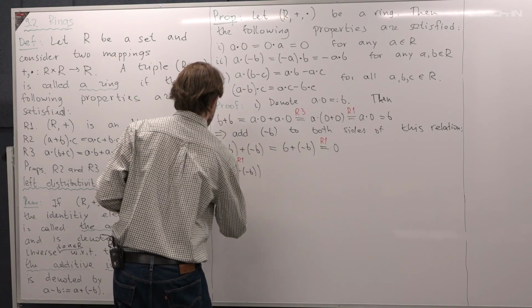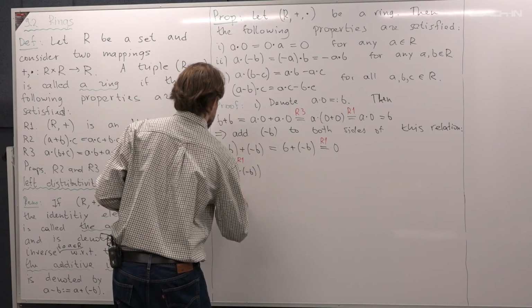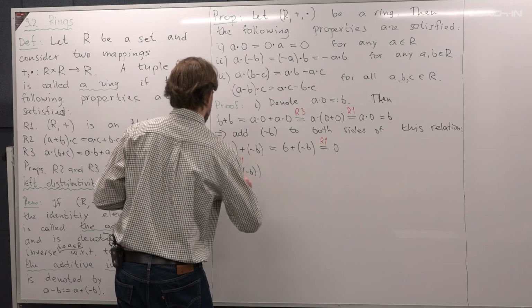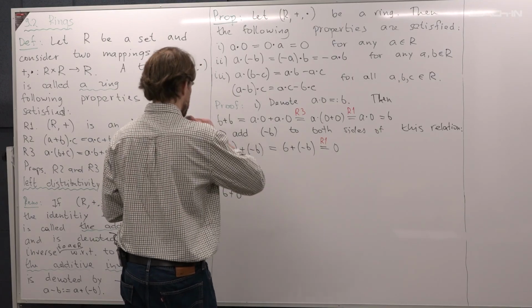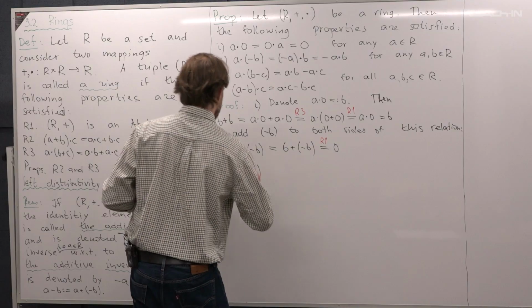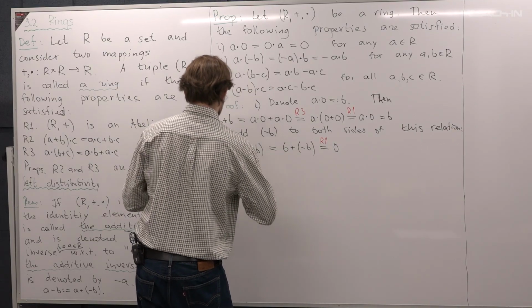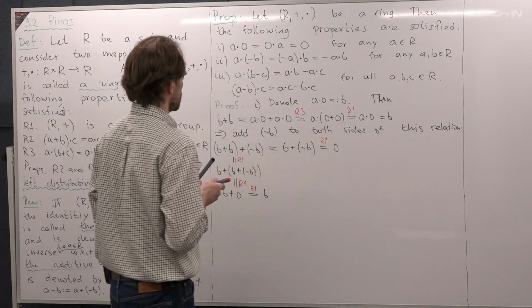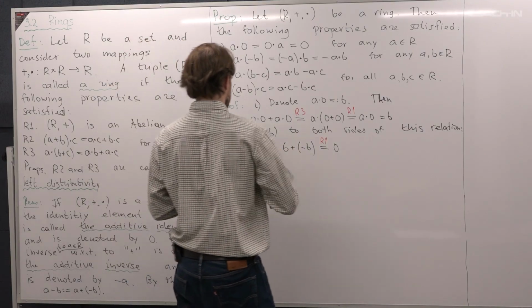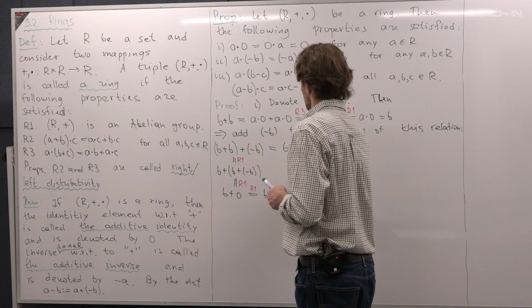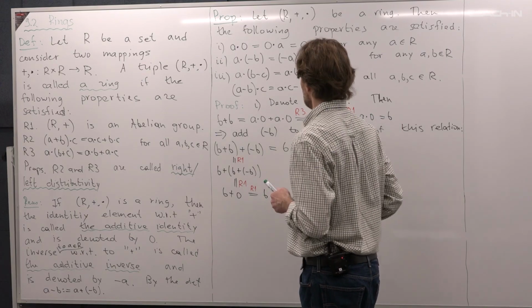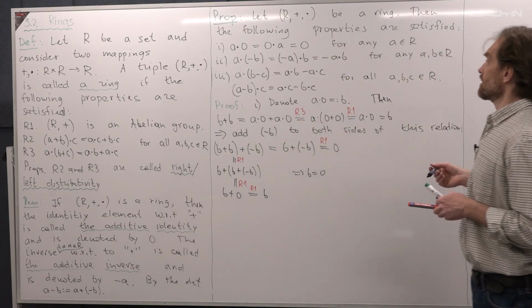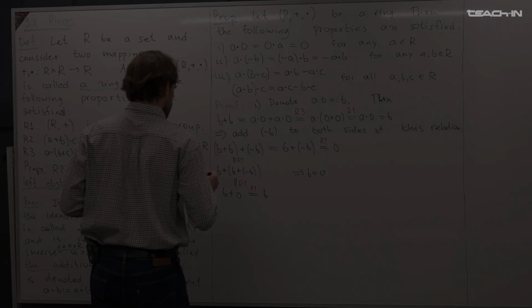So here we get b plus 0 according to this axiom. And once again, we're using this axiom. This is b just because we add the additive identity to b. So b equals 0. So this proves that b equals 0, and the second statement is proved similarly.